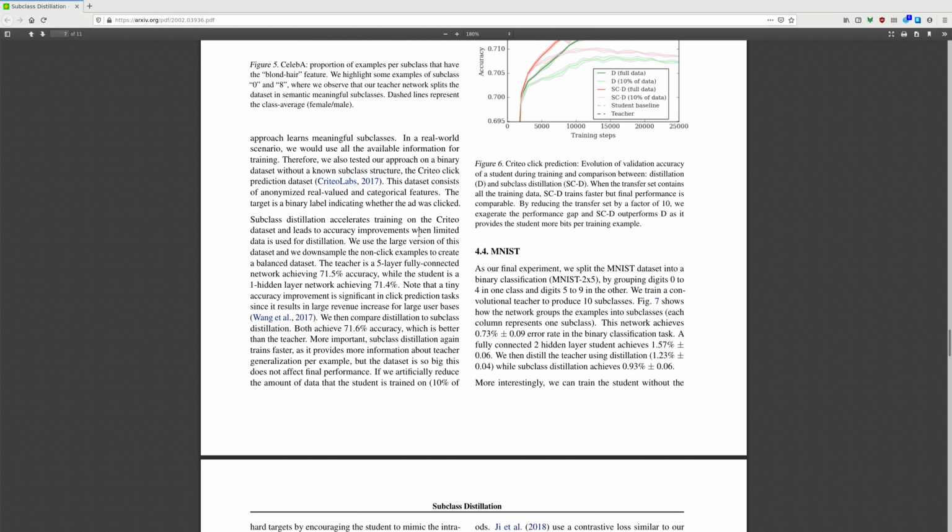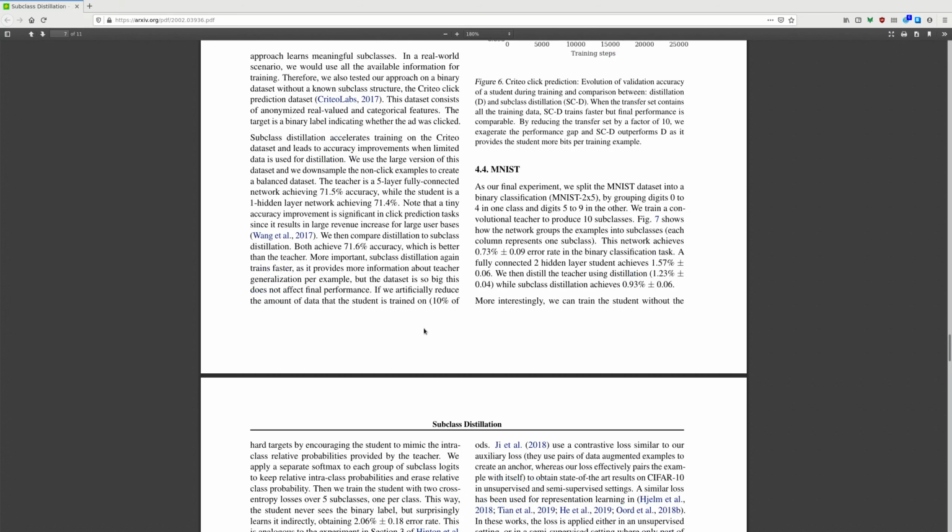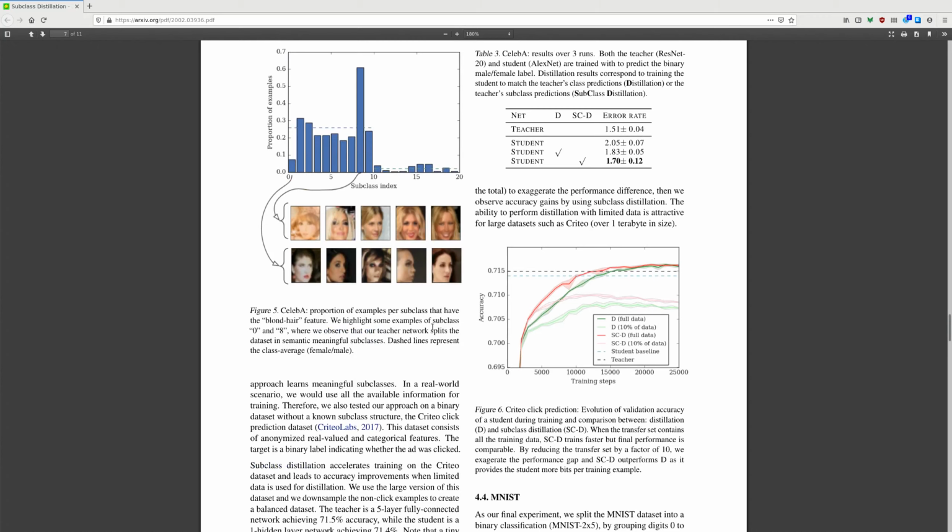Note that a tiny accuracy improvement is significant in the click prediction task since it results in a large revenue increase for large user bases. More importantly, subclass distillation again trains faster and provides more information about the teacher. But the data is so big it doesn't affect the final performance.